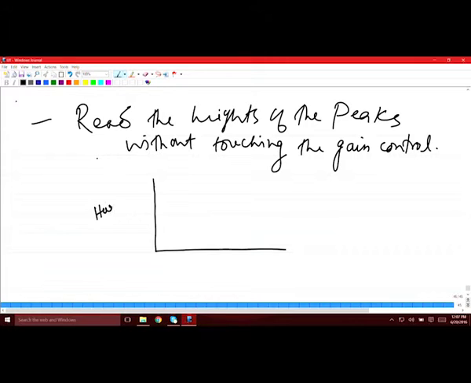So, this height or intensity of the peaks or the echo from the flat bottom hole that is plotted as a function of distance.